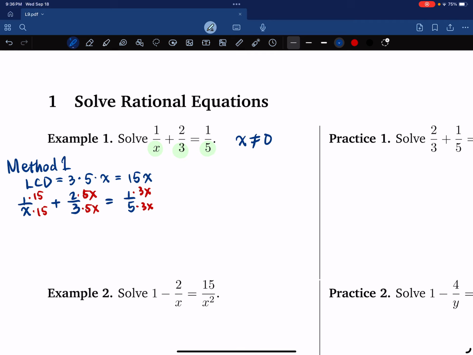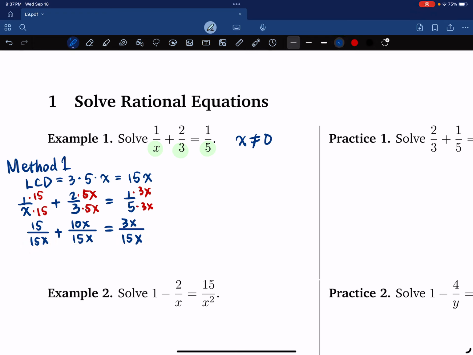Once we do the transformation, we will get 15 over 15x plus 10x over 15x equals 3x over 15x. And notice that they have the same denominator, right? 15x, 15x, 15x.